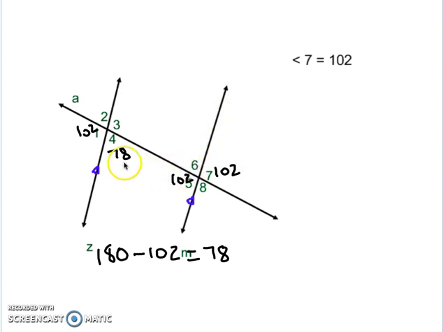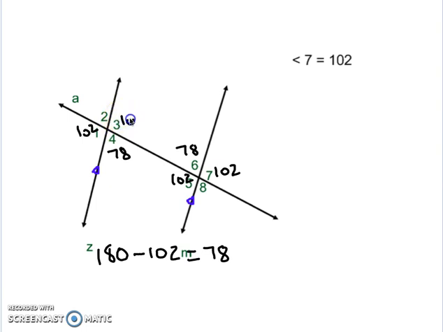So if angle 4 is 78, and we know that angle 6 is our alternate interior angle, and those angles are congruent, then angle 6 must also be 78 degrees. Again, looking at same side interior angles, if angle 6 is 78 degrees, then angle 3 is supplementary.